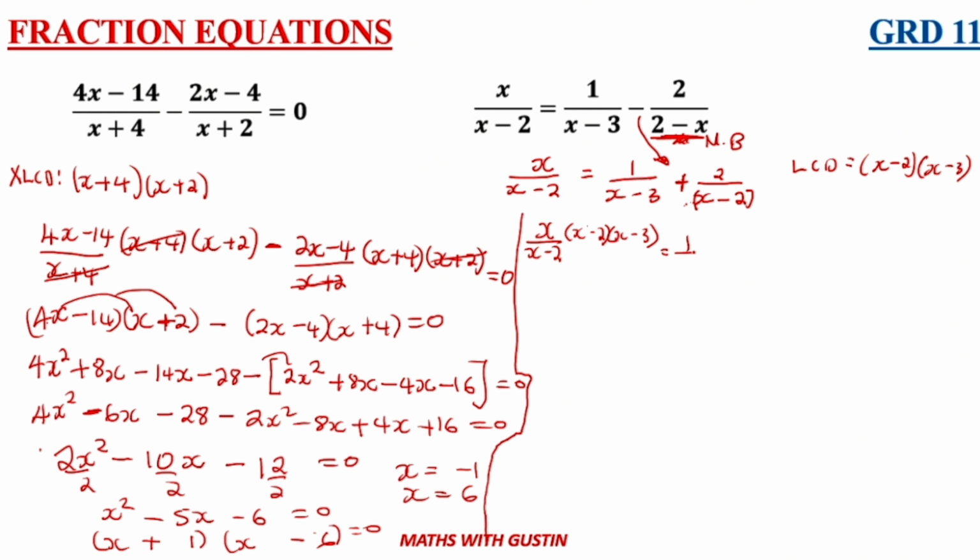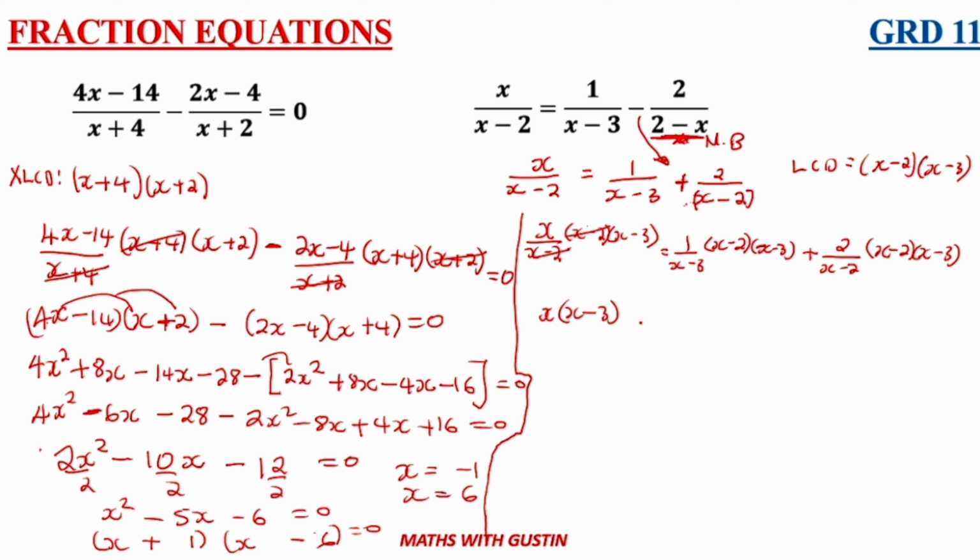It's equal to 1 over x minus 3 multiplied by the LCD x minus 2, x minus 3, and therefore you've got a plus sign here, and then 2 all over x minus 2 multiplied by the LCD x minus 2, and then also x minus 3. All right, here we go. Therefore x minus 2 would cancel out with x minus 2, so this side we are left with x times x minus 3.